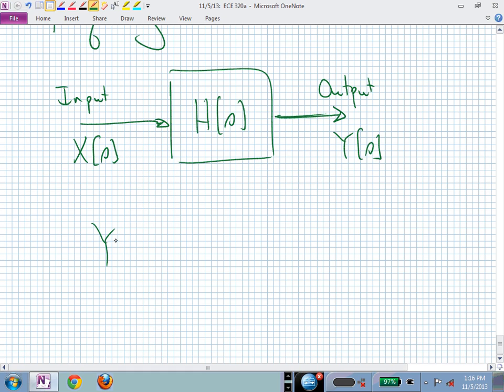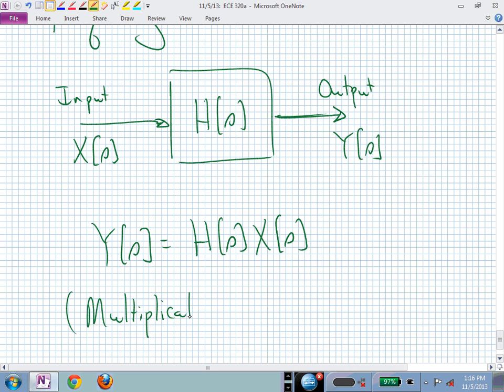What is capital Y of S? That's just the product, or the multiplication, of our transfer function and the Laplace transform of the input. That's our output. So this is now multiplication in the S domain.